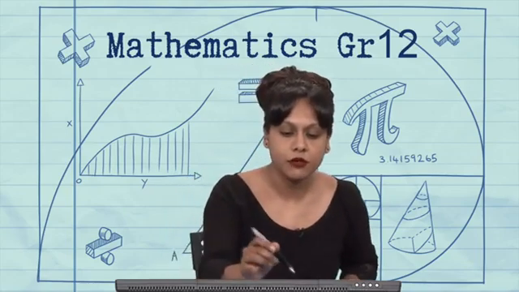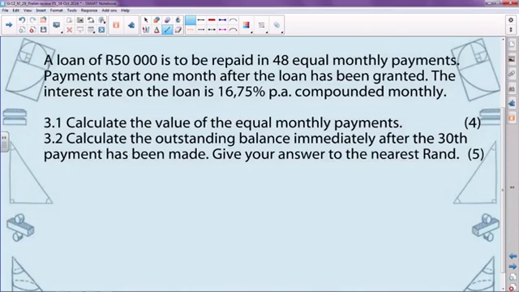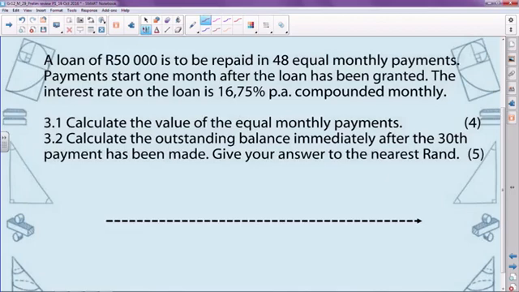So before I read the question, I'm going to draw up my timeline. All right. Let's have a timeline that looks like that. And we've got the following situation. We've got a loan of 50,000 Rand to be repaid in 48 equal monthly payments.